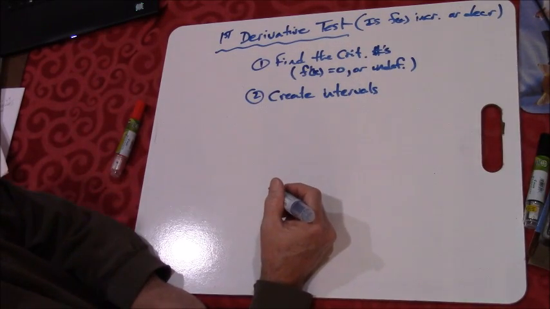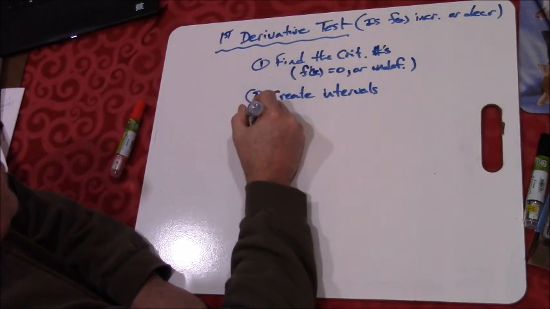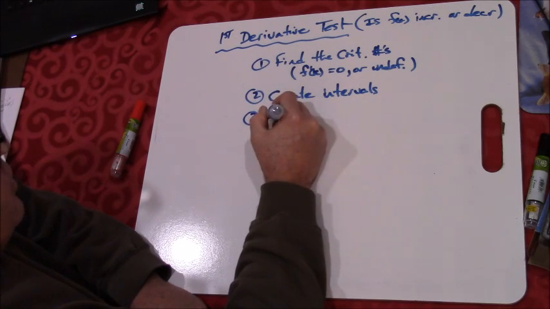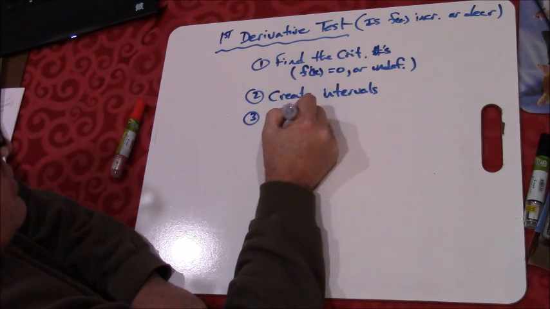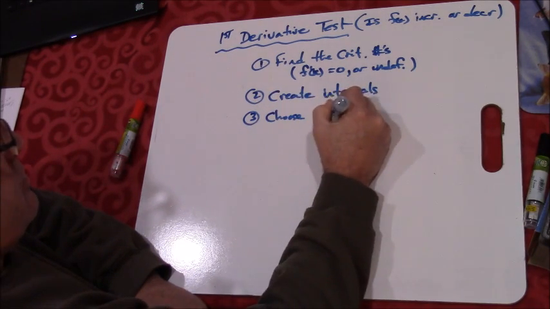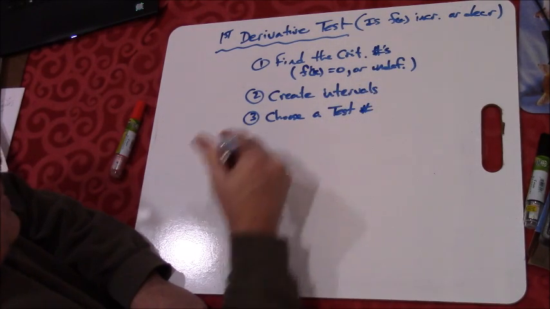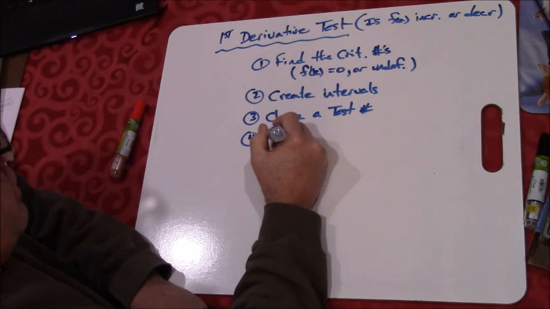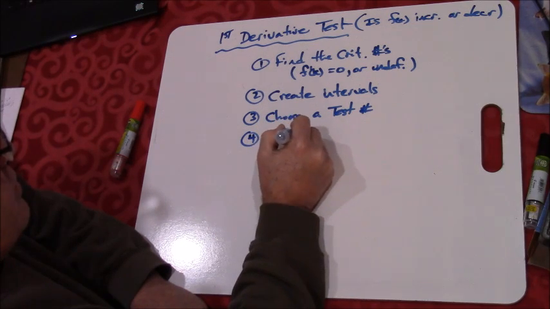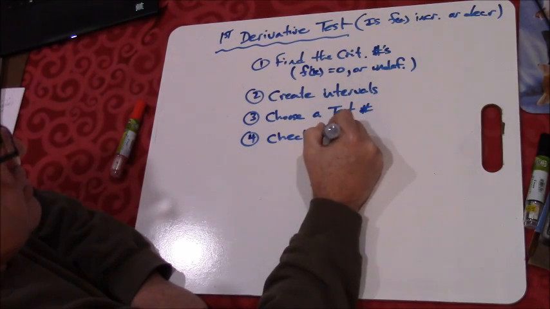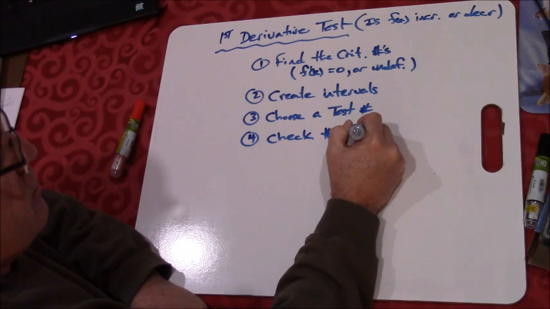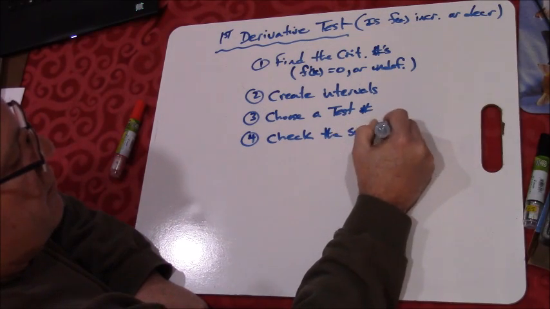Once I have my intervals, then I want to choose a test number, and then we're going to check the sign of f prime of x.